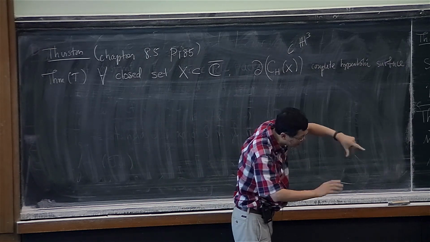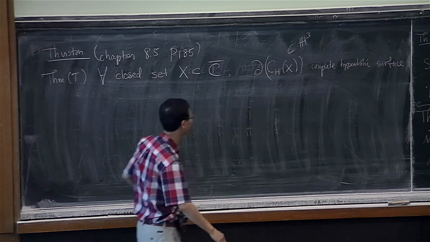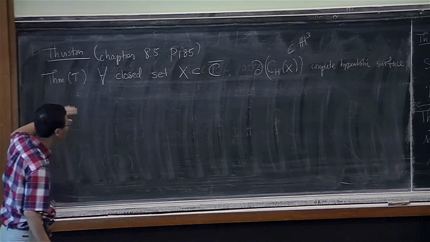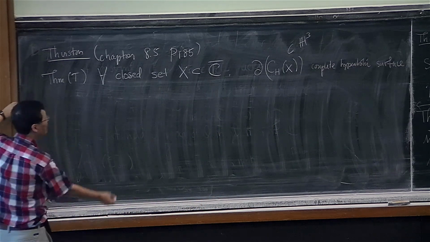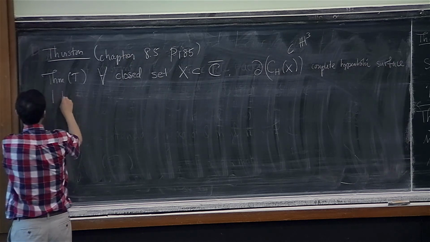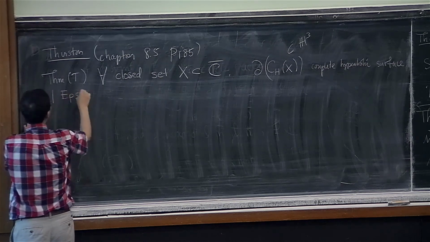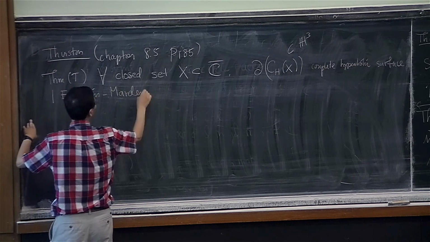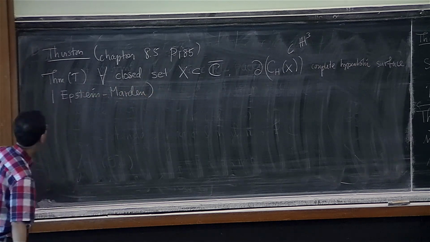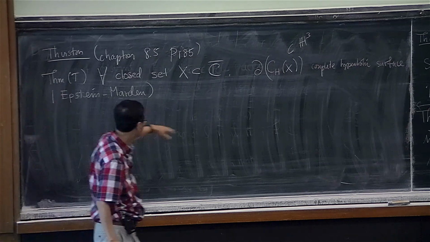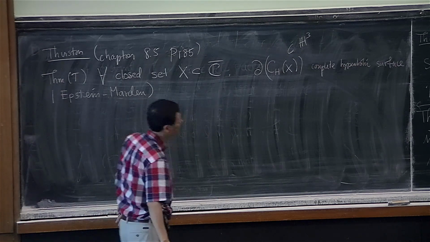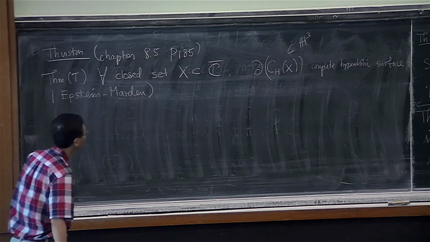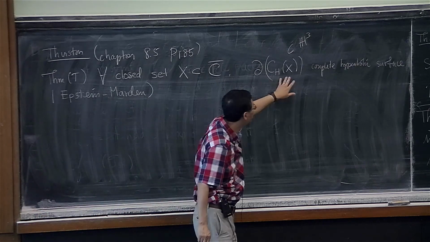You just roll it in the planes and you see it's hyperbolic. And if you really want to see the precise proof, it's in Epstein, Marden wrote an excellent paper exploring the geometry of the boundary of the convex hull.